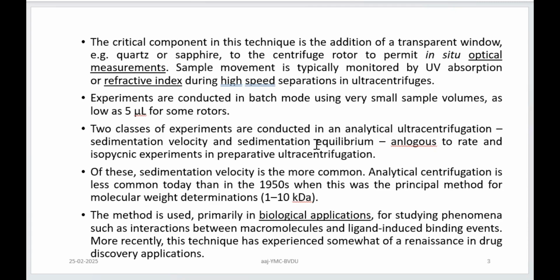When your sample is moving under applied centrifugal force, then maybe UV light is passed through, and absorption of UV light or refractive index during high speed sedimentation is noted. We will go to the details of it, but in today's lecture, it is just an introduction about the entire instrument and its working.